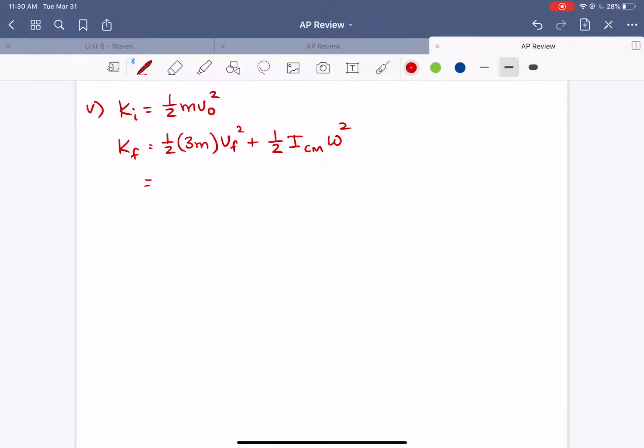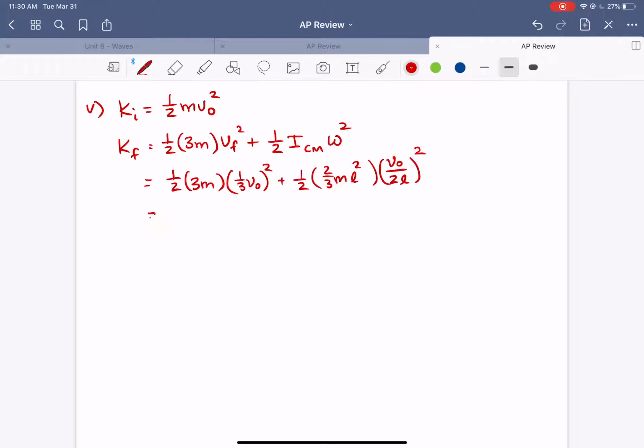So we've solved for most of these values now. V final was 1/3 V naught. The moment of inertia was 2/3 m l squared, and omega we just found was V naught divided by 2L.